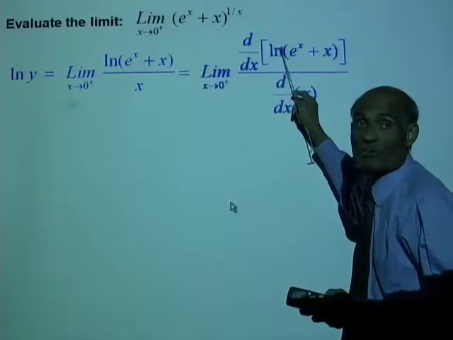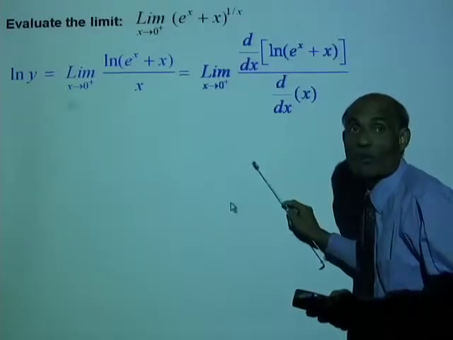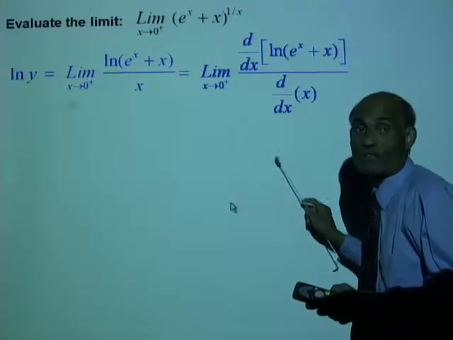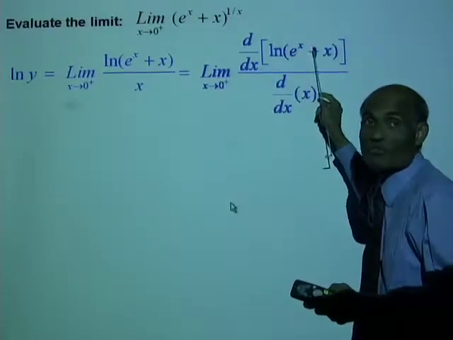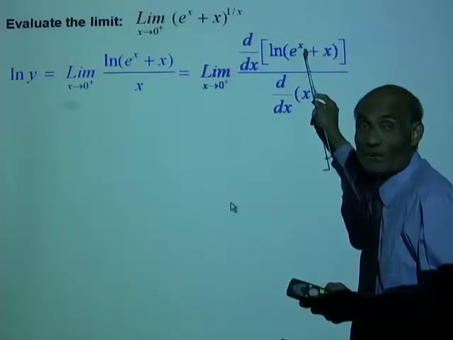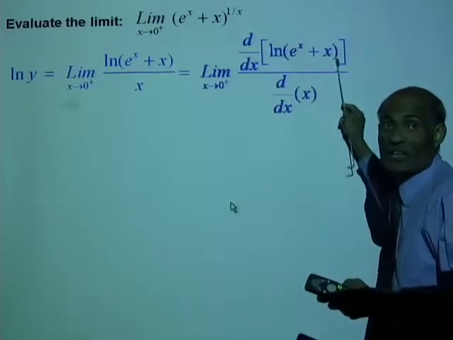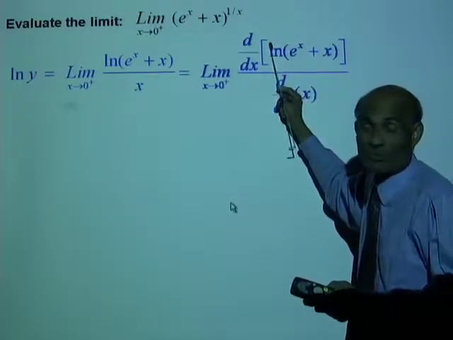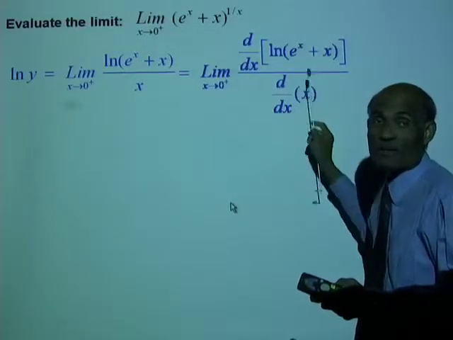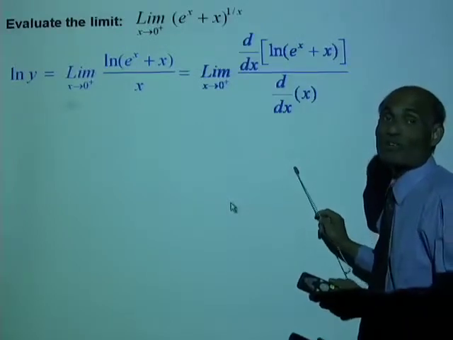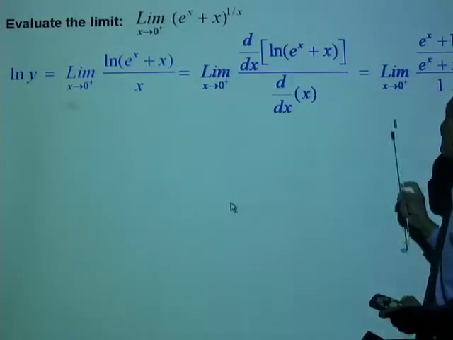So the derivative of ln of this quantity will be 1 over e to the power of x plus x, times derivative of this quantity. What is derivative of e to the x plus x? It will be e to the power of x plus 1. So the derivative will be e to the power of x plus 1 divided by e to the power of x plus x. And the derivative of x will be 1.